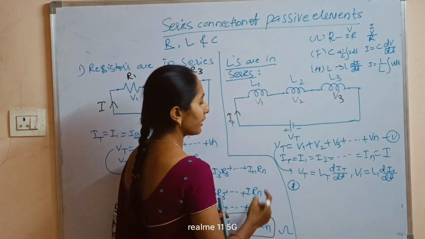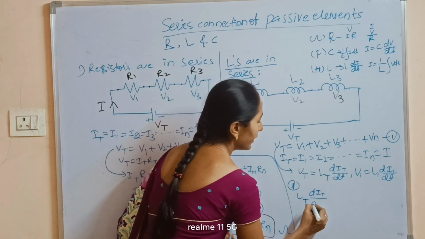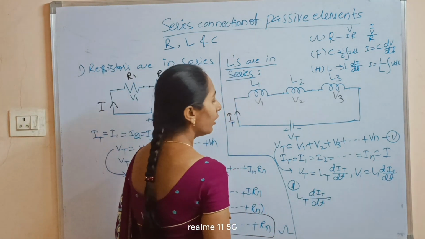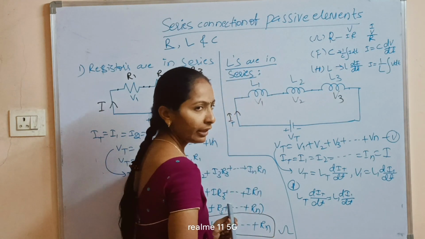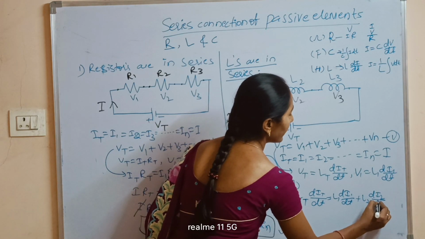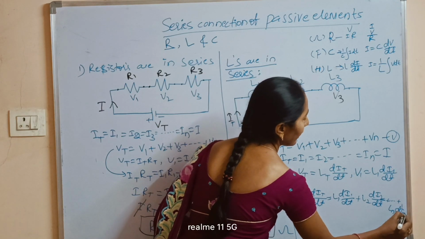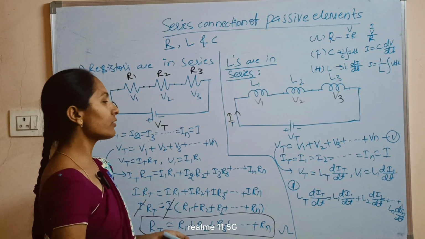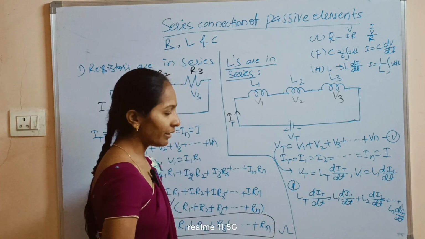From equation number 1, V total is L total into di total by dt, equals L1 into di1 by dt, plus L2 into di2 by dt, plus so on, plus Ln into din by dt. Now coming to the current equation, current must be the same in each element, so consider current as common here.